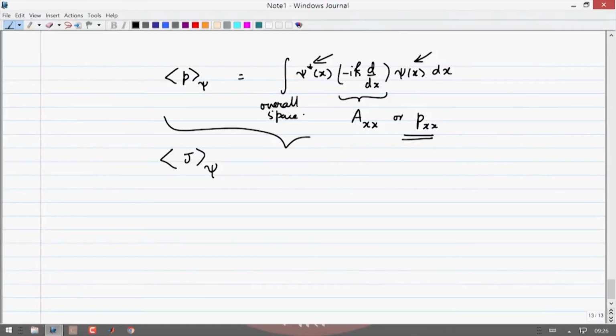But for the one dimensional and two dimensional box problems, and also for the harmonic oscillator that we will study, we will see that the linear momentum for eigenfunctions of the Hamiltonian is always 0. But this is the general representation for the matrix element or the calculations of the expectation values of the operators.